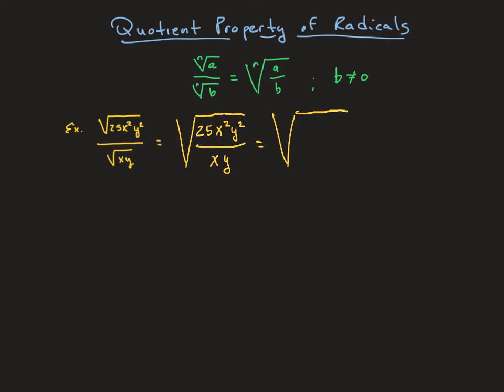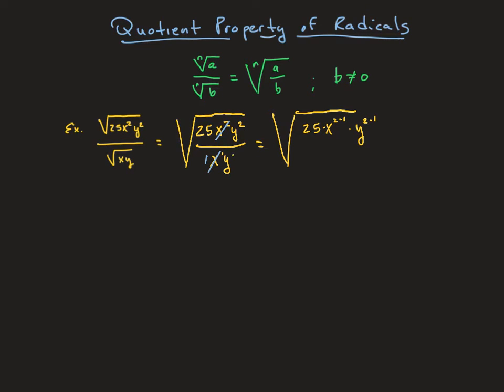Okay, so I know that looking at that, 25 over 1 is just going to remain 25. And then I know that x squared divided by x is going to be x to the first, using my exponent rules. And the same thing with y: it's going to be x to the second minus 1 times y to the second minus 1, right?